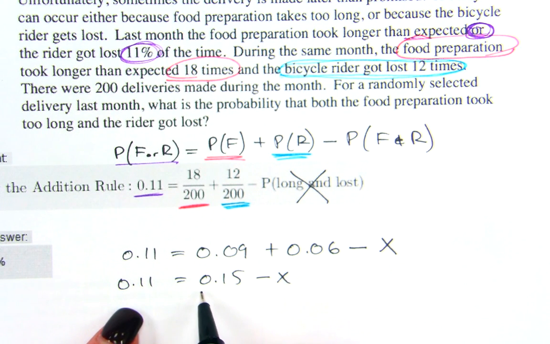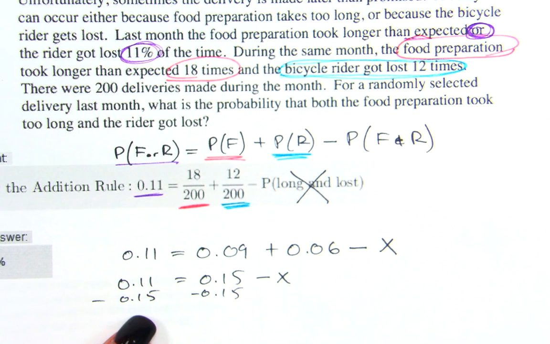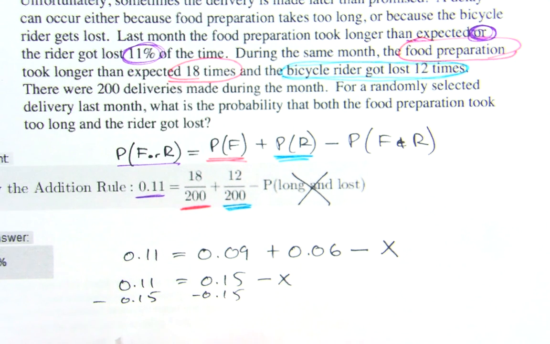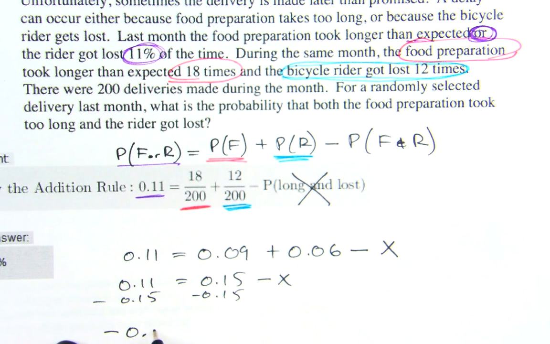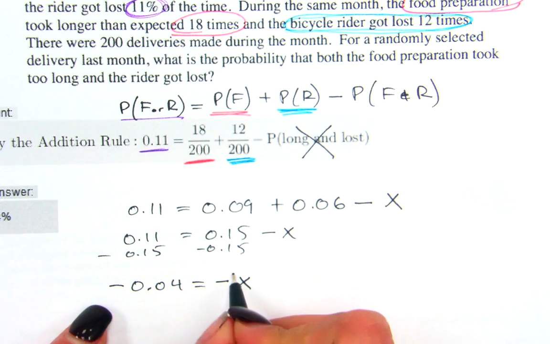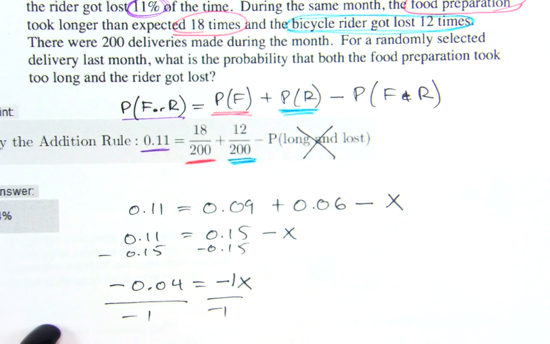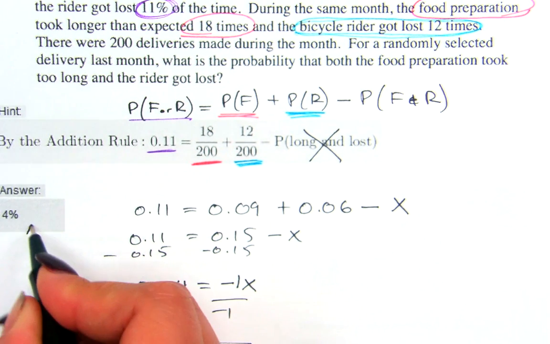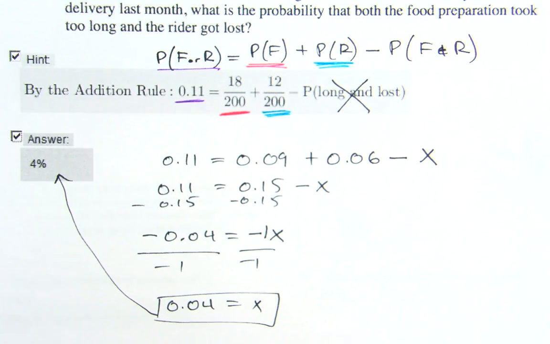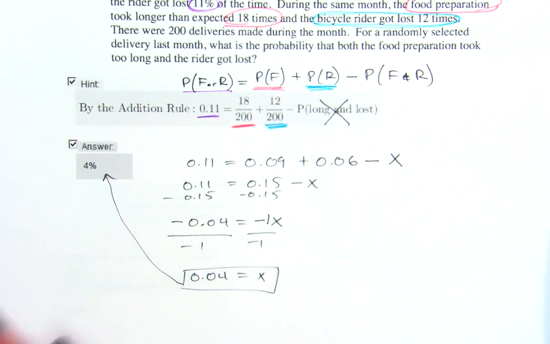Now I'm going to subtract 0.15, which is 0.11 minus 0.15. It's a negative. I knew that. So negative 0.04 equals negative x. Okay, I'm just going to divide by negative 1. So 0.04 is equal to x, technically, which is exactly what they got. So 4% of the time, something happened with the food and the guy got lost.